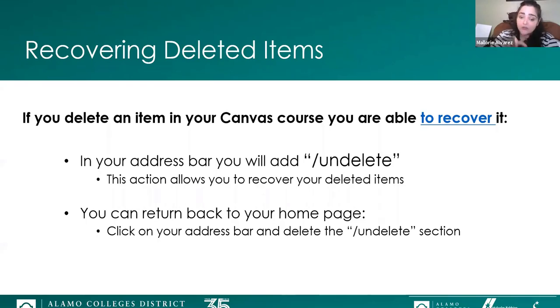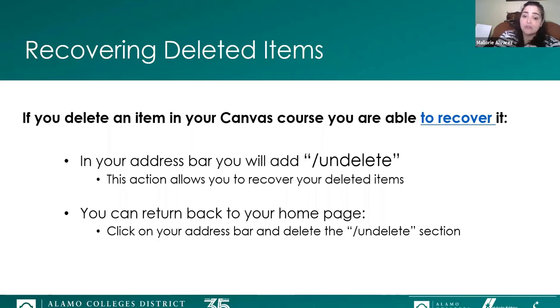So in your address bar, when you're on your home page and you see your address bar and it has all those HTTPS and the whole website with all the little numbers, right at the end, you're going to put that / and type in the words undelete.